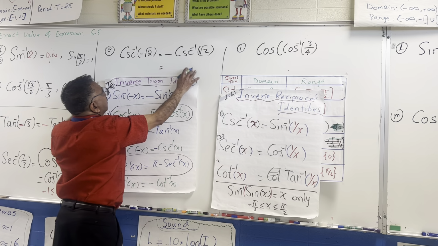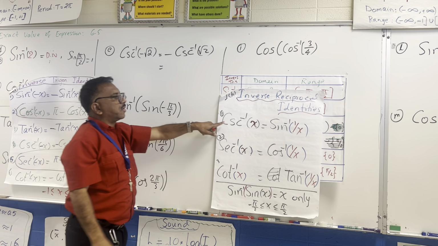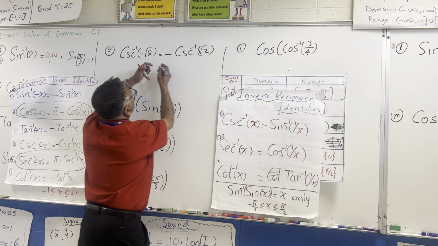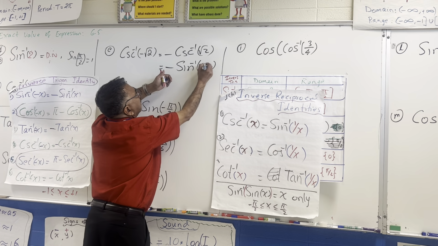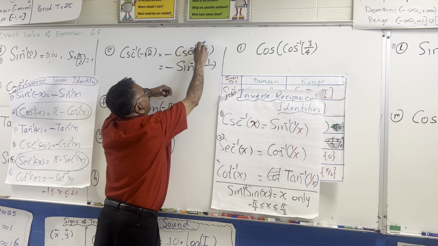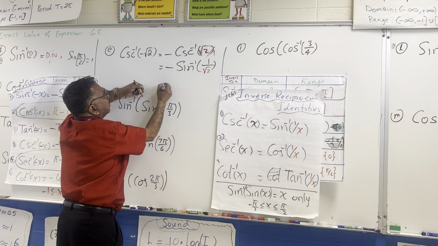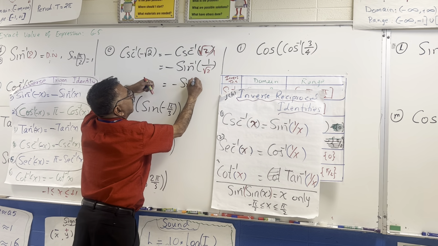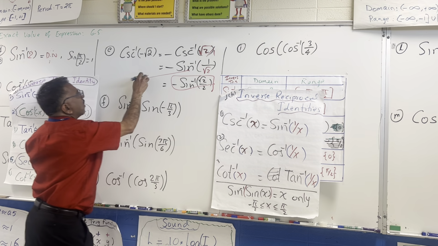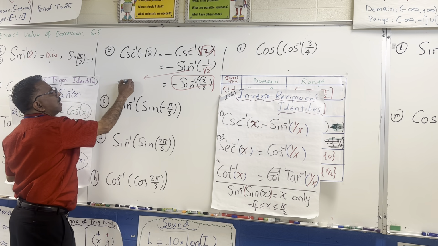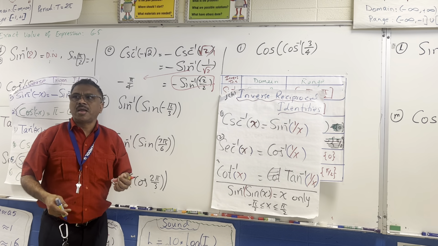So this minus stays the same, and this will be sine inverse of 1 over root 2, because this root 2 is over 1, so it becomes 1 over root 2, and that is the same as minus sine inverse of root 2 by 2. You could write directly from here and say, hey, that's minus pi by 4, because sine of 45 degrees, pi by 4, is root 2 by 2.